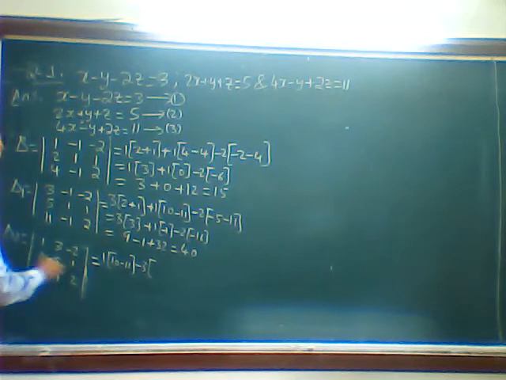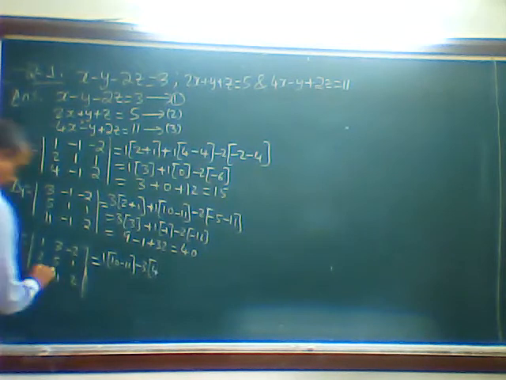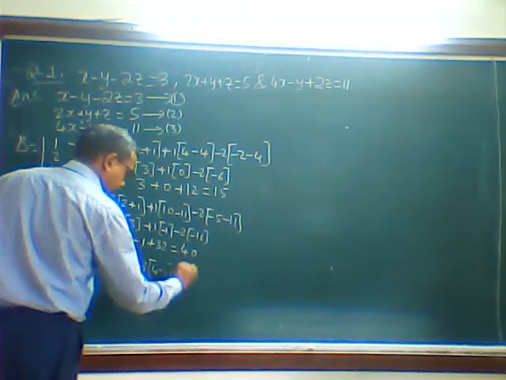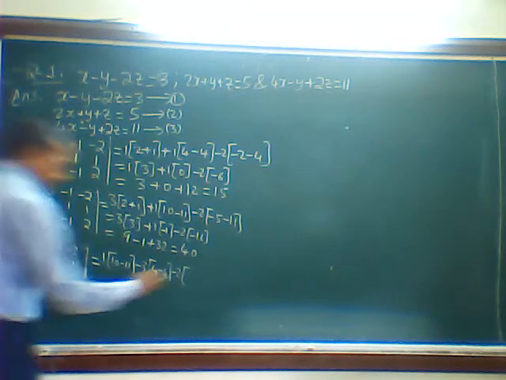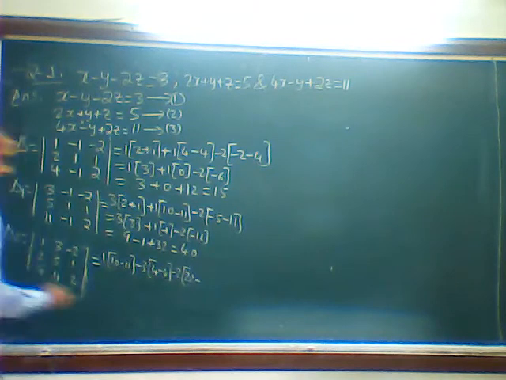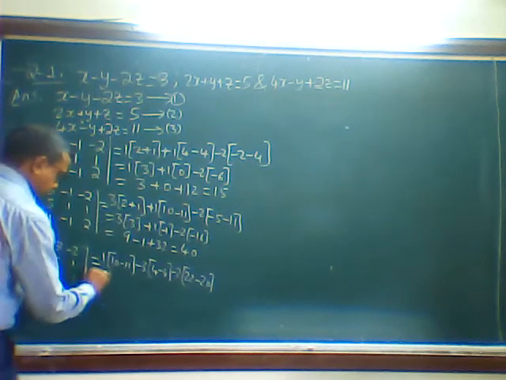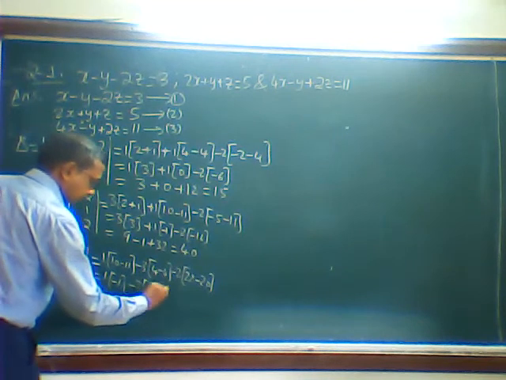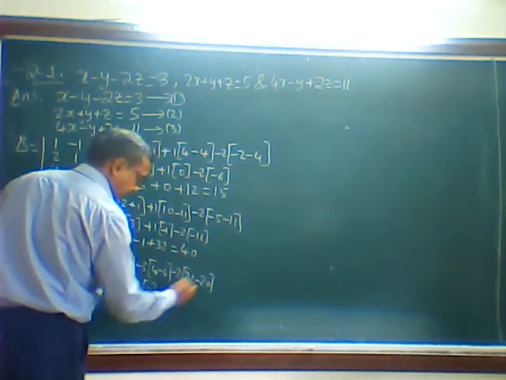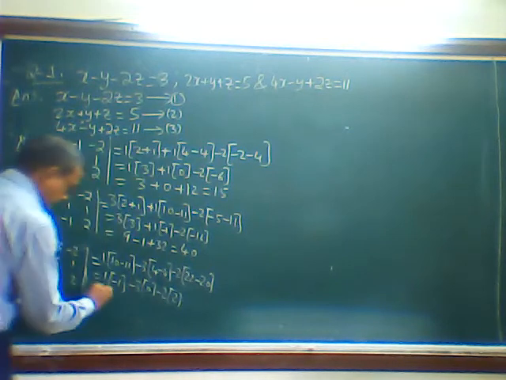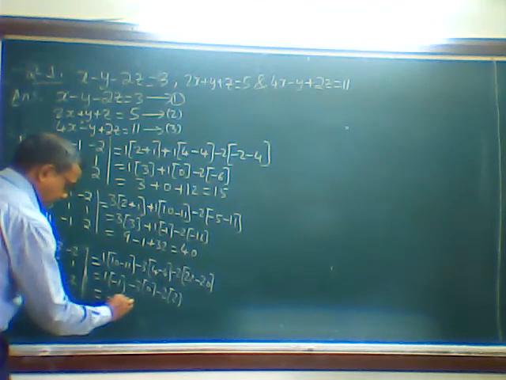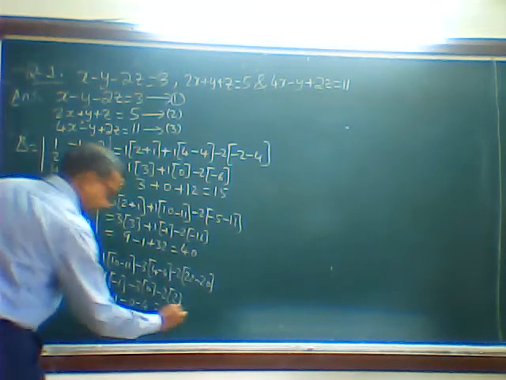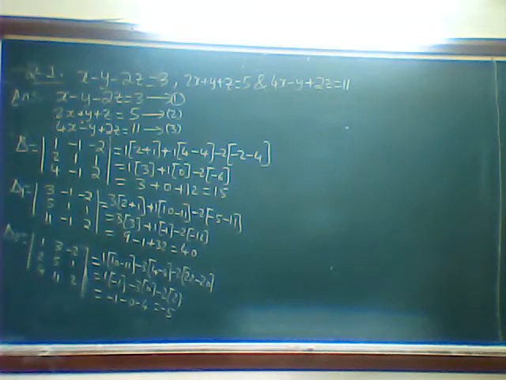First row, second column deleted, 2 into 2 is 4, minus 4 into 1 is 4, then minus 2. 11 2s are 22, 4 5s are 20, 10 minus 1 is 11, minus 1, this is 0. 22 minus 20 is how much? 2. So what we are getting? Minus 1, 0, minus 4 is minus 5. Minus 5 we are getting, okay?